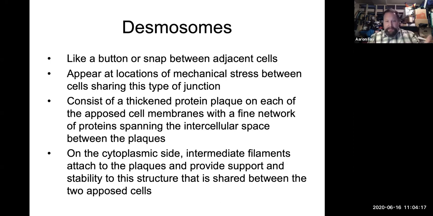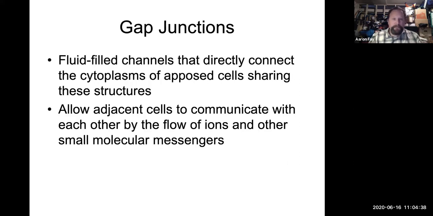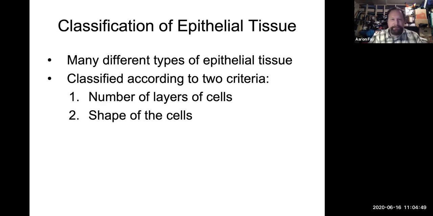They have a protein plaque, which just means a hard solid mass that's going to connect to the rest of the cytoskeleton, particularly those intermediate filaments, which if you remember from the previous lecture, act like steel cables and also provide structural support. Gap junctions have a fluid-filled channel that allows for materials to pass in between cells. Very important for communication, flow of ions, chemical signals, things like that.